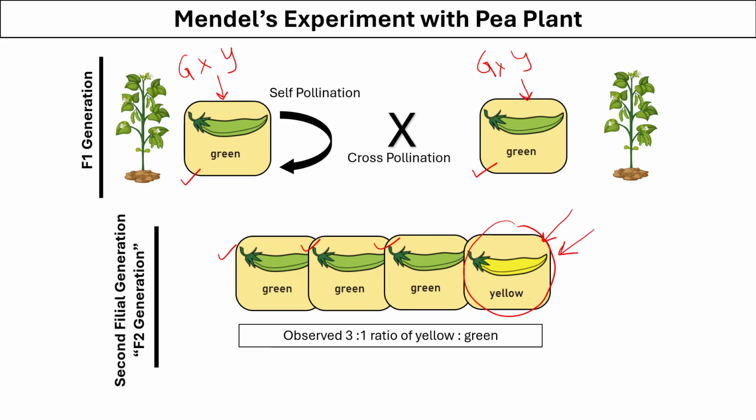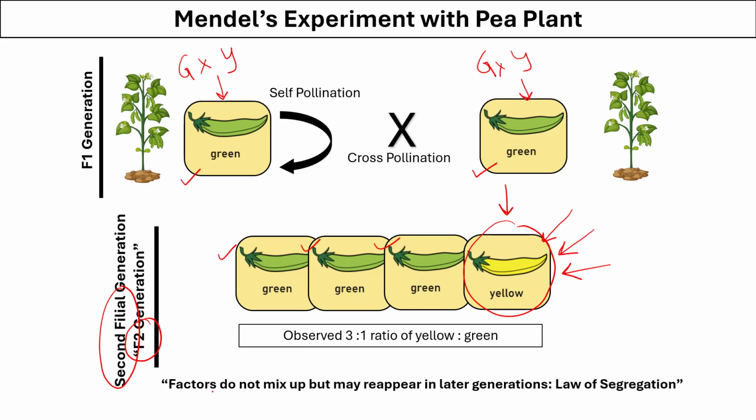So that means the yellow color, which was hiding, has not completely lost its identity or wasn't completely gone. That information was still there, but it was just hiding. So in the F2 generation, or the second filial generation, yellow color, the recessive color, is back again.